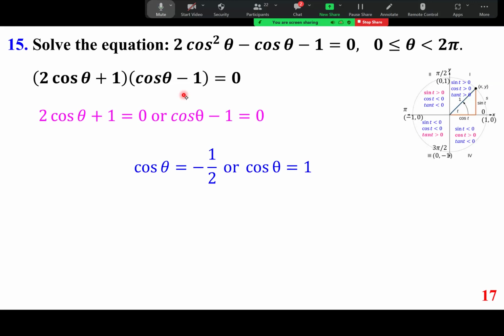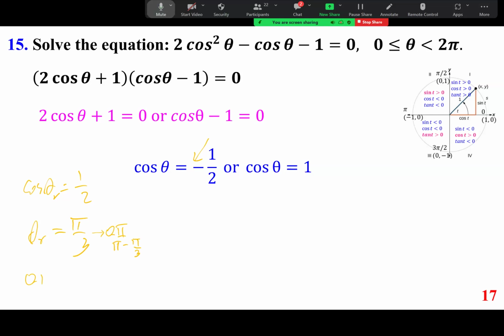So what happens? Again, just to remind you, when you have a negative, think about it as a positive for reference arc. So the reference arc is pi over 3. Cosine is negative in the second quadrant, so you write pi minus pi over 3.